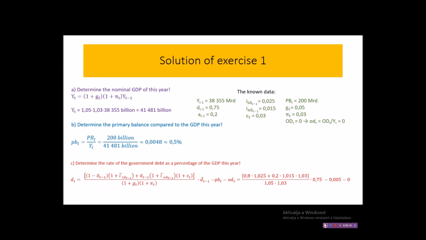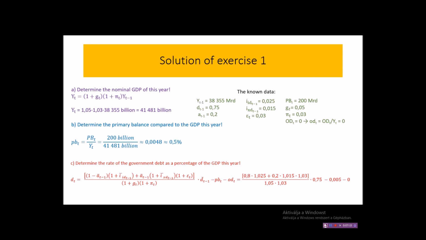Lowercase dt, which is the government debt rate itself, equals 1 minus a t minus 1 multiplied by 1 plus I dt minus 1 plus a t minus 1 multiplied by 1 plus I x dt minus 1 multiplied by 1 plus epsilon t, this is the numerator, divided by 1 plus gt multiplied by 1 plus pt as the denominator, and this is multiplied by dt minus 1 minus pbt and minus odt.